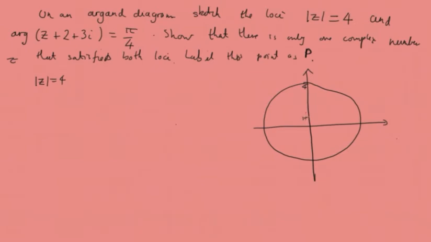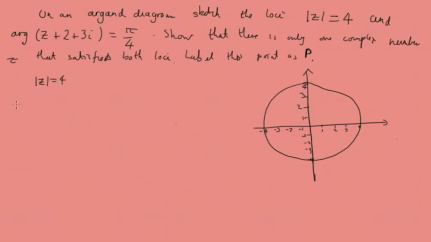So 1, 2, 3, 4. 1, 2, 3, 4. Minus 1, minus 2, minus 3, minus 4. Minus 1, minus 2, minus 3, and minus 4. There we go.